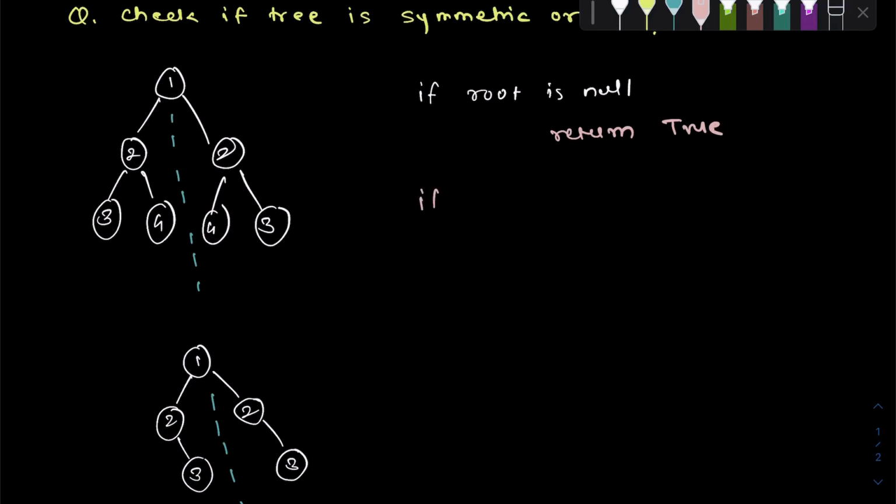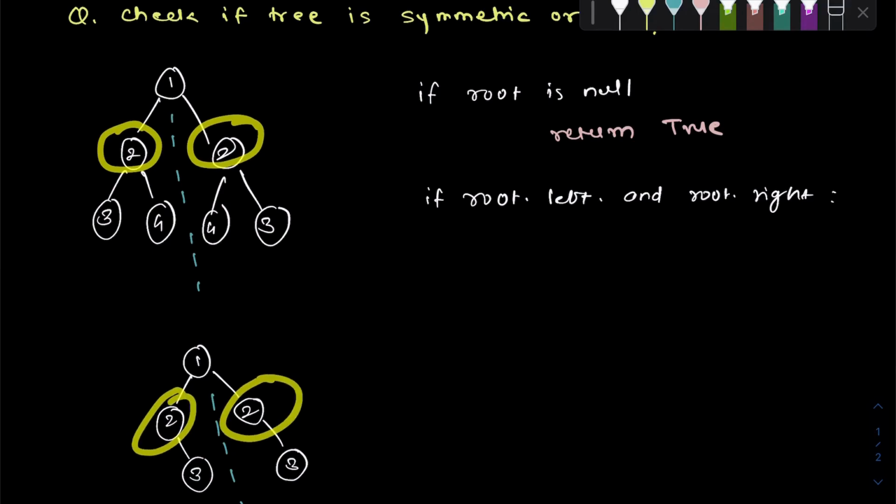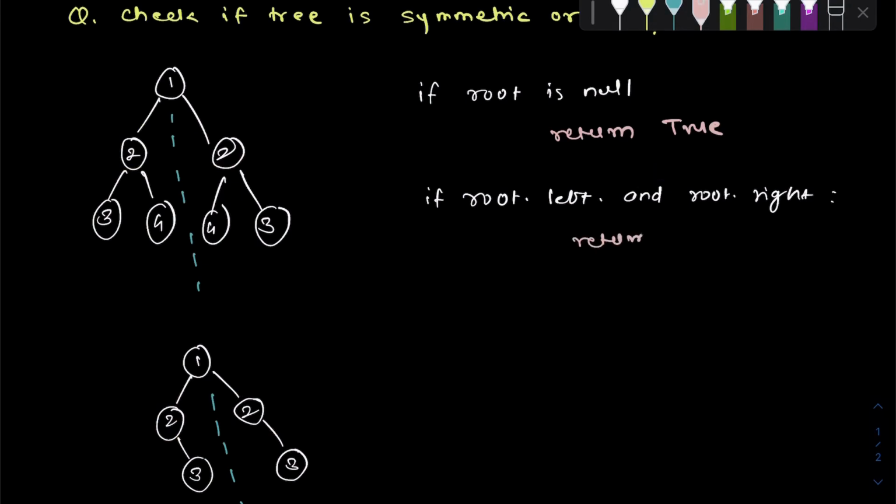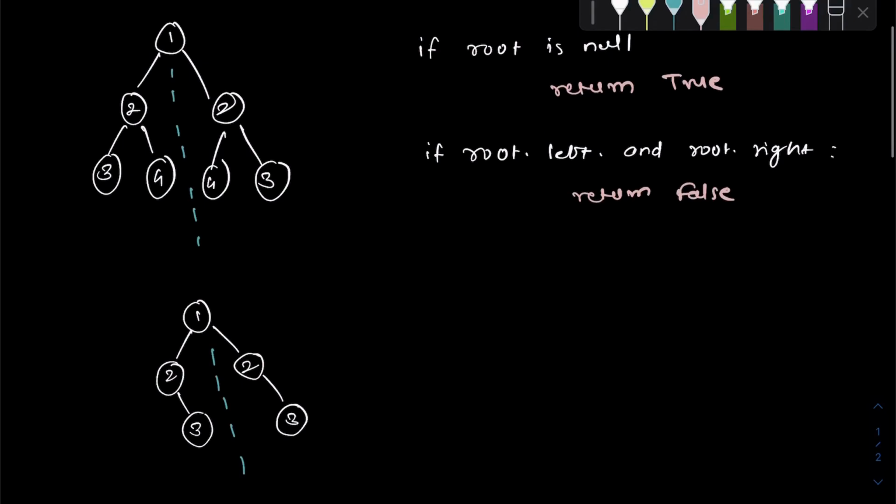Now if the values of root dot left and root dot right are not equal, then return false. And if they are equal, then we have to follow the same procedure which we followed for the same tree problem.